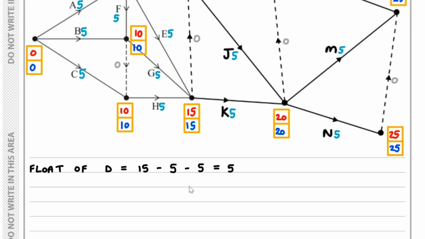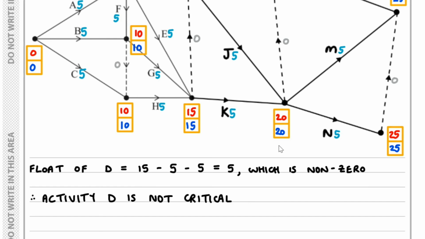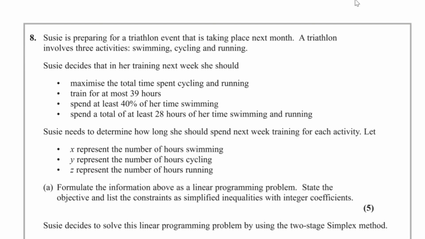So the float of D is 5. So what we can see here then is this float is a non-zero value. So activity D is not critical.